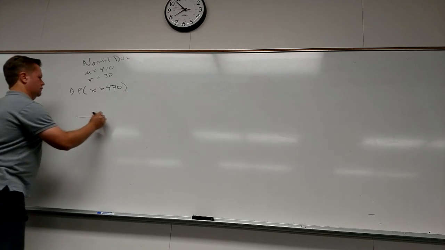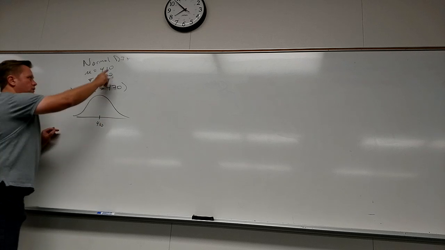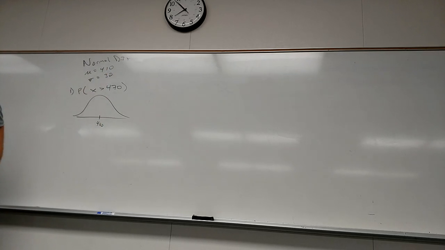Okay. So what's right in the middle of your picture? 410. It's crazy because the mean cuts it in half. For a normal distribution, it's symmetric. Okay, look at it.